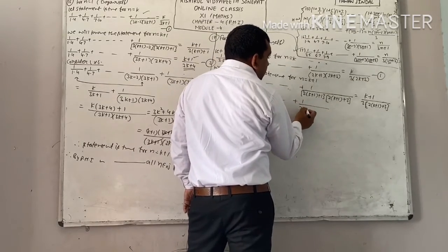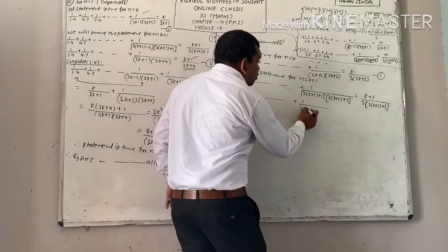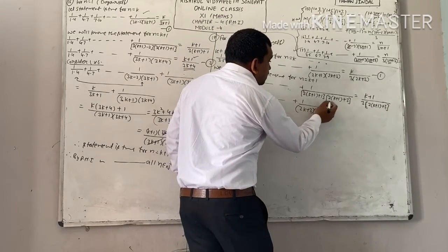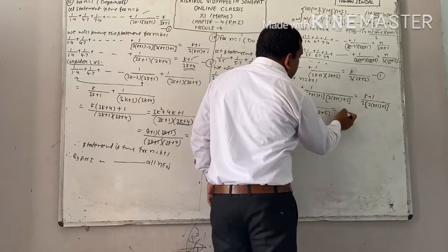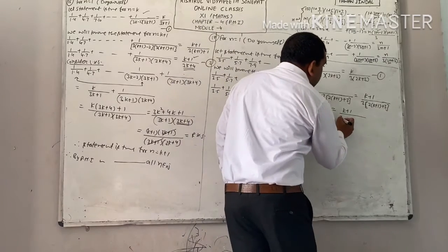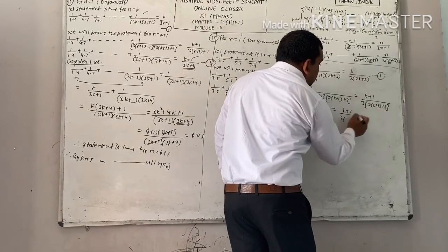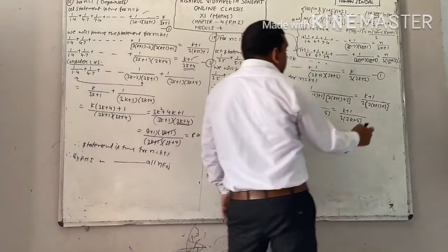This will become 2k plus 2 plus 1. This will become 2k plus 3. Now see here this will become 2k plus 2 plus 3, 2k plus 5, and on right hand side you will get k plus 1, 3 outside. This is your 2k plus 2 plus 3. This is your 2k plus 5. Right? This is your equation number 2.